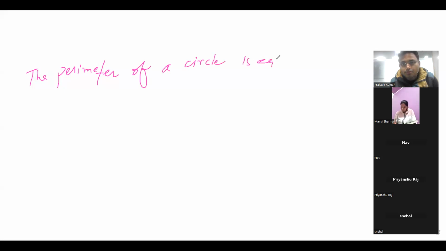The perimeter of a circle is equal to that of a square.